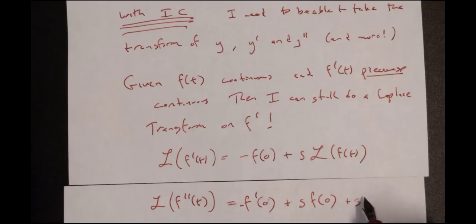And then there's an s squared next to the Laplace transform of f of t. Why would it become s squared? Because I iterated the whole procedure and I got an extra s from going from f prime to f double prime. As a matter of fact, this is true no matter how many derivatives I take. On our formula sheet, this is formula number 13.